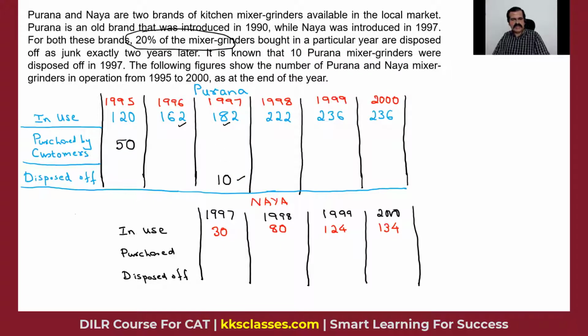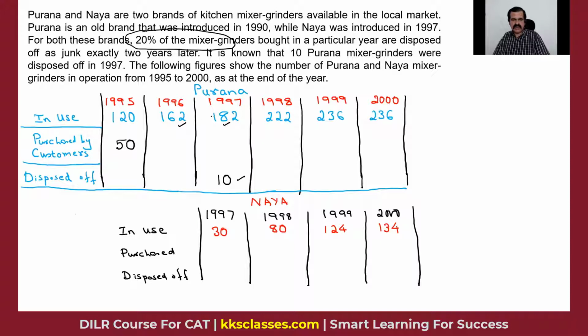We had 162 items in use in 1996. It jumped up to 182 next year, but keep in mind that this 182 is the number of items in use after 10 were disposed of, which means that before disposing them, 192, that is 182 plus 10, were in use, and then out of that 10 were thrown away.